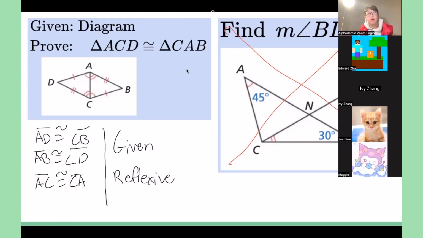Segment AD is congruent to segment CB. Segment AB is congruent to segment CD, which are both givens. Next up, we have segment AC is congruent to segment CA using the reflexive property.